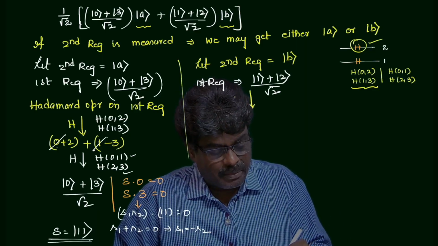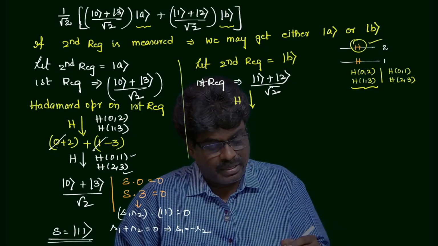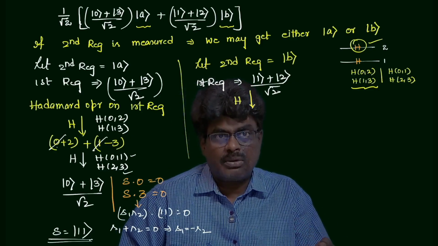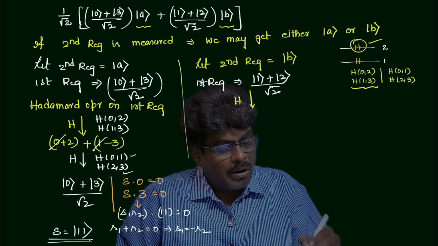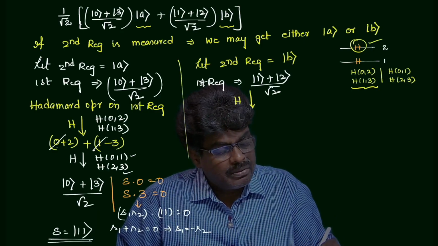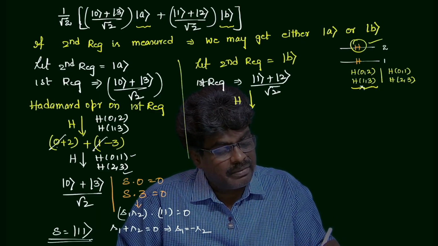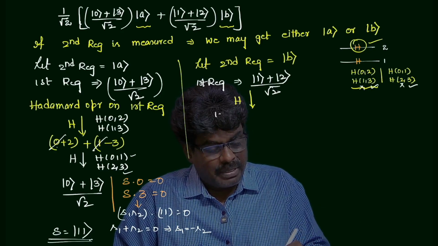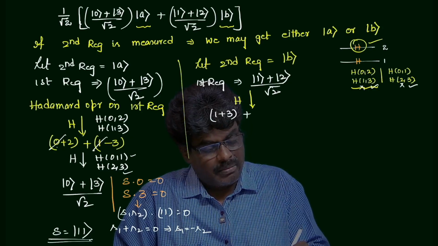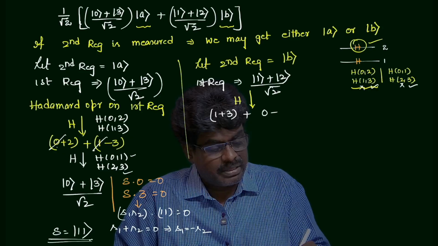The first Hadamard operation, I hope you understand, is what we took earlier: H of 0 comma 2 and H of 1 comma 3. So 1 is off, I hope everybody knows. The first one is off, the second one is on. So this is 1 plus 3 plus 2, that is on, that's why 0 minus 2.